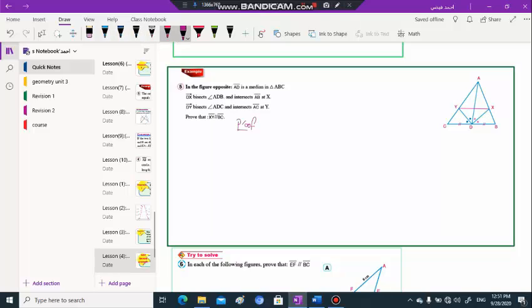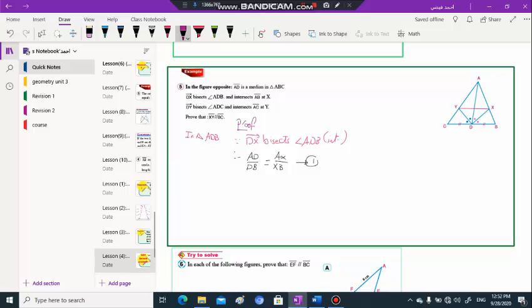So in triangle ADB, since DX bisects angle ADB internally, therefore the ratio of AD over DB equals AX over XB, and this is number 1.